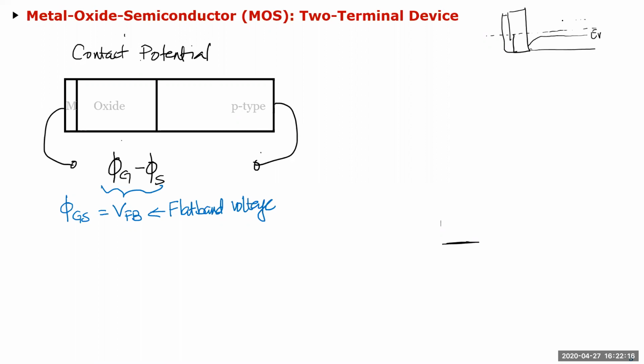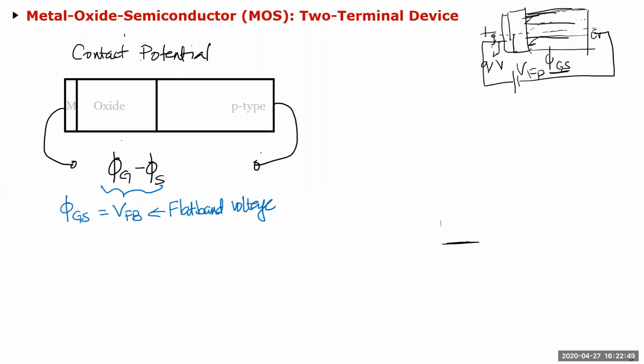So that has to bend to take care of this contact potential. This Phi-GS and this bending is the amount which is Phi-GS. So it's called the flat band voltage because if I add a potential VFB across this, then this band will just become flat, and it'll basically give you a Q times V jump on this side of the Fermi potential.